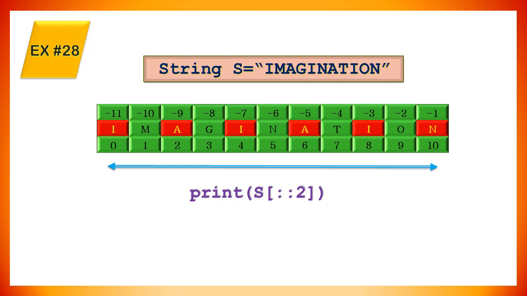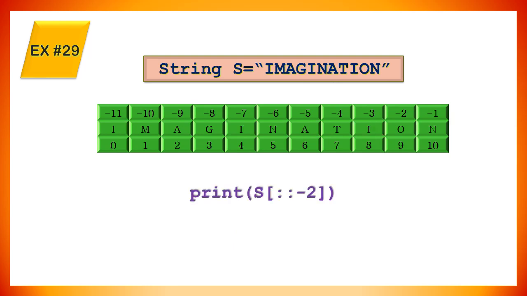Selection of characters will be done according to step value. That means 0th index will be generated first. 0 plus 2 is 2nd index. 2 plus 2 is 4th index. Like this, 6th index, 8th index and 10th index get selected. And in the output, we are able to see the characters IA, IA, IN gets extracted and returned as a string.